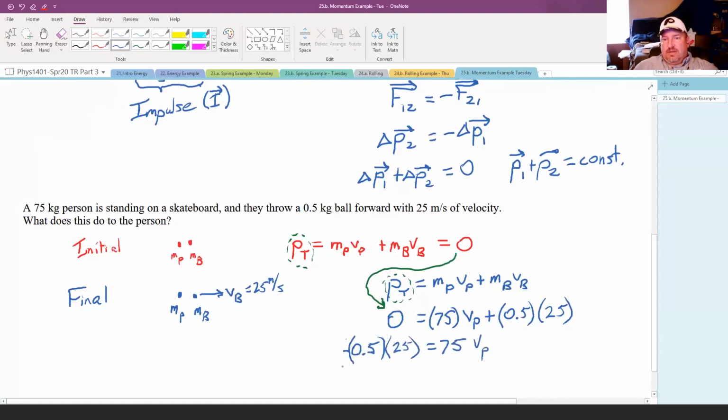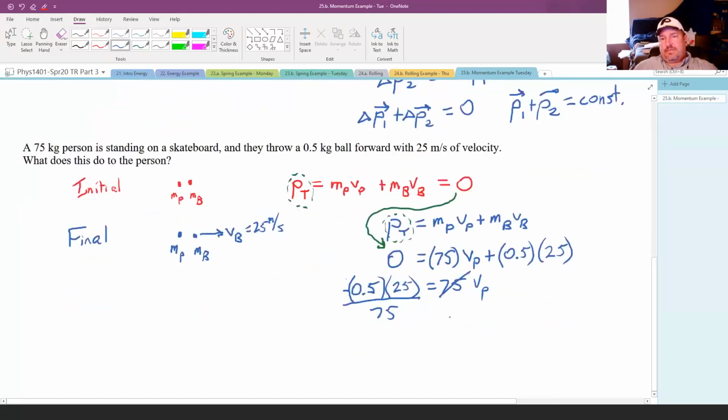So then we can just go over 75, cross that out, divide both sides by 75 to get rid of it. So now we have an expression for the velocity of the person, and that comes out to minus 0.1677 meters per second is the velocity of the person.